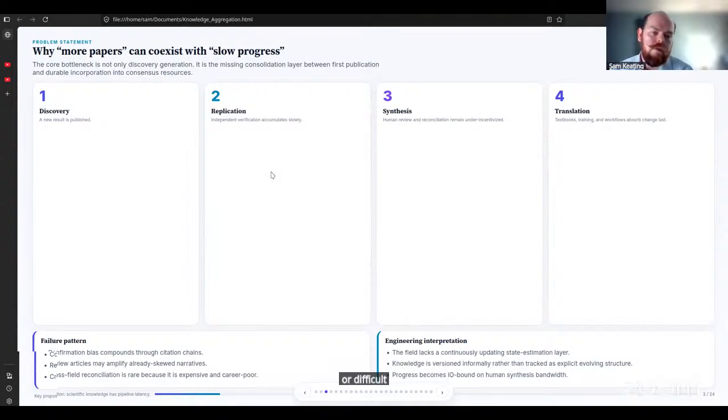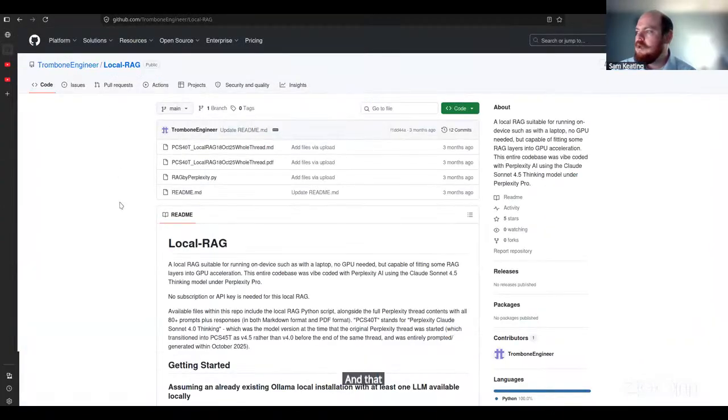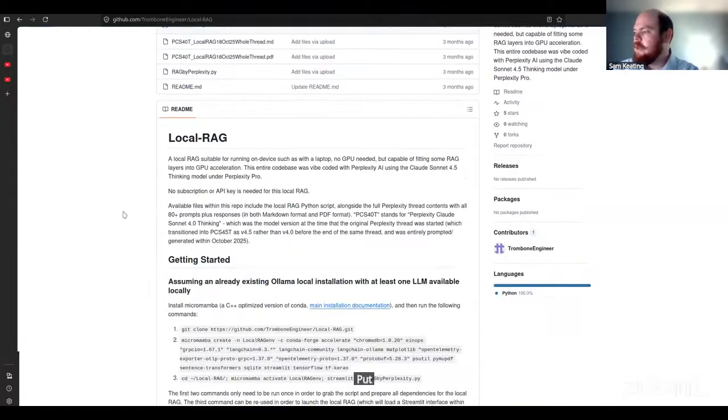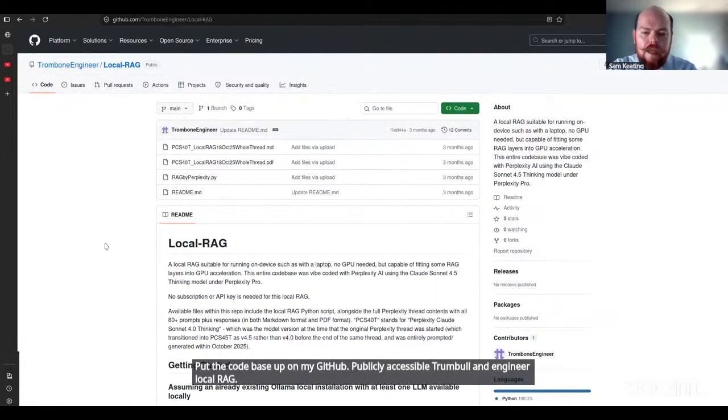I'm starting to build up from the ground with local, free and open source AI. And that relates back to the local RAG that I've been able to put the code base up on my GitHub, publicly accessible, trombone engineer local RAG. And I could demo that today.